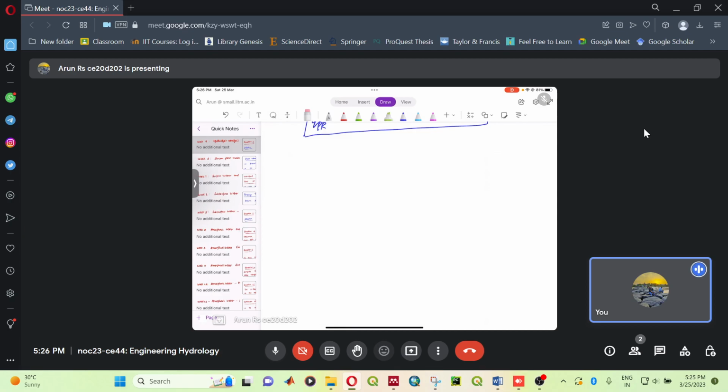Now we need to find out what is the time base. So time base is given by 5.56 divided by QPR.